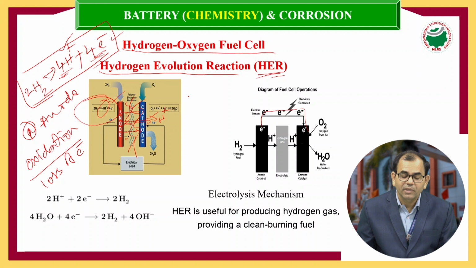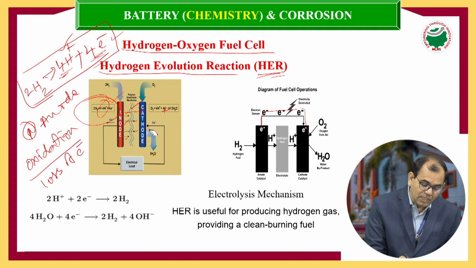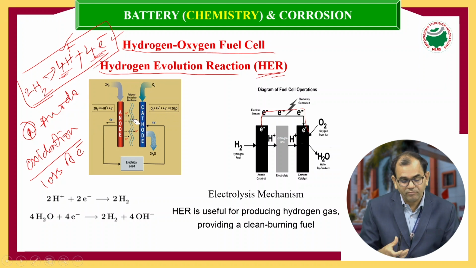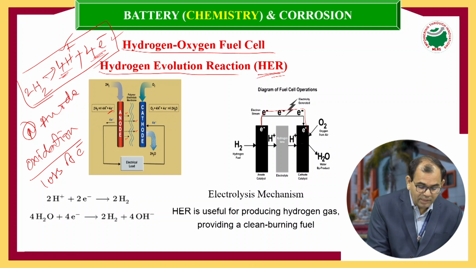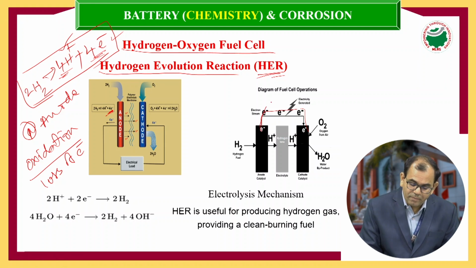Whereas electrons do not flow directly from anode to cathode. The electrons released during oxidation help us make a circuit between anode and cathode.